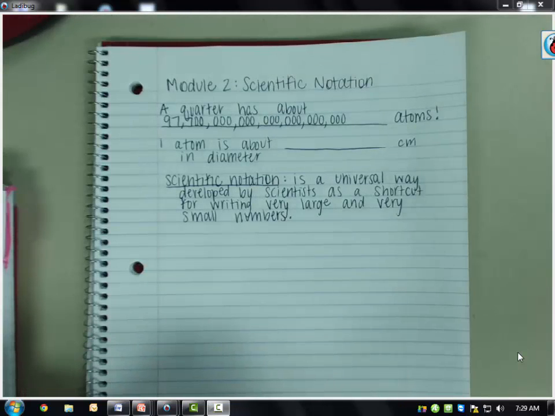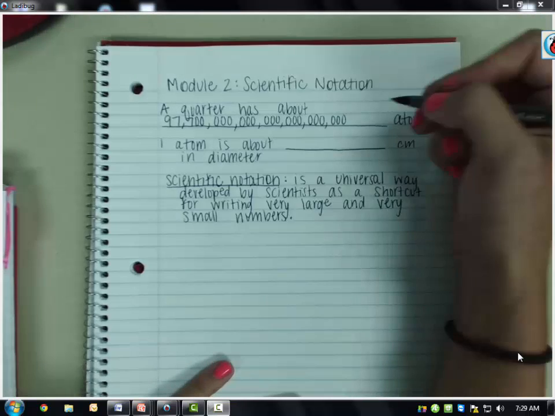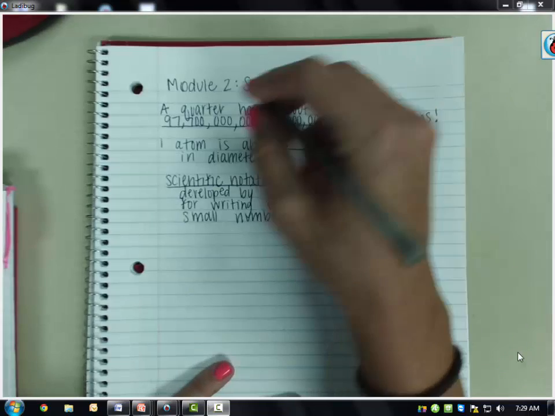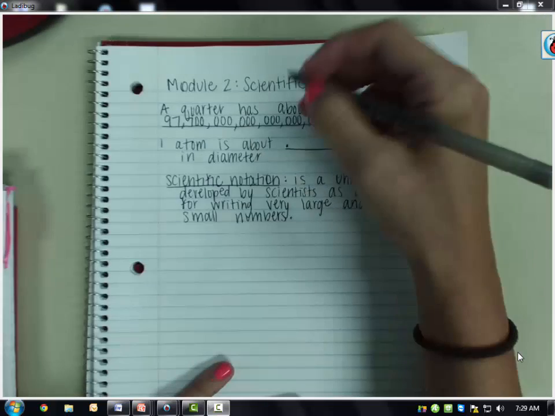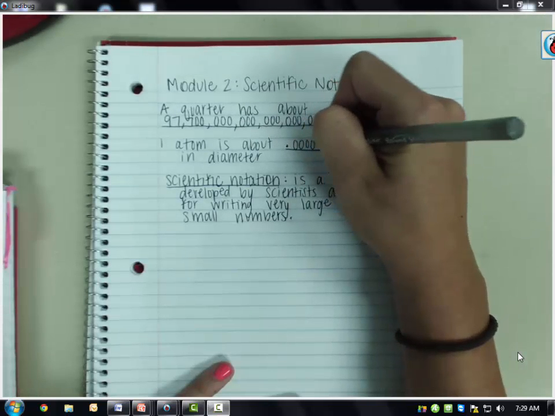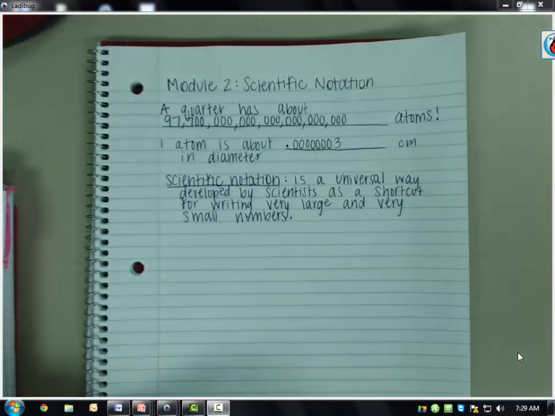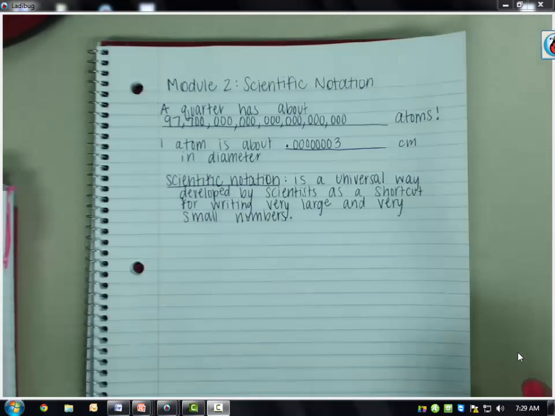Alright, and then one atom is about, this is going to be a small number, right, because atoms are tiny. You're going to write 7 zeros, and then a 3. It's an itty bitty number, and that's really time consuming. So scientific notation is great because it's going to teach you how to write that easier.